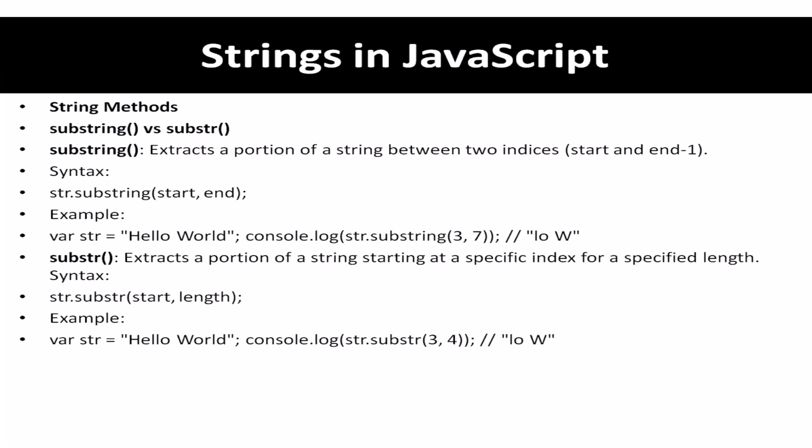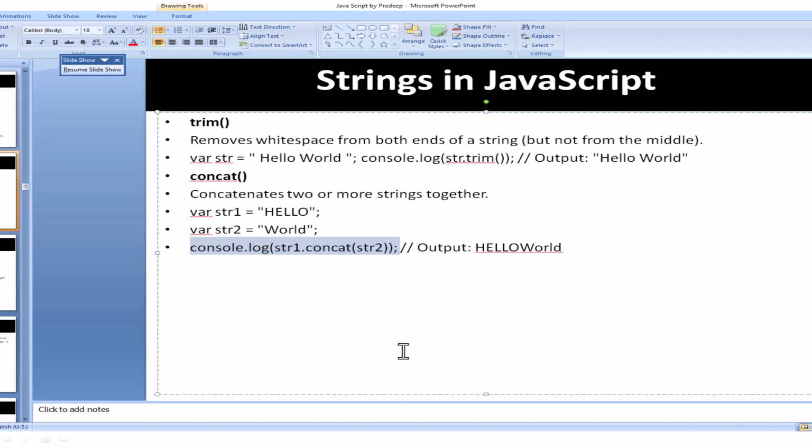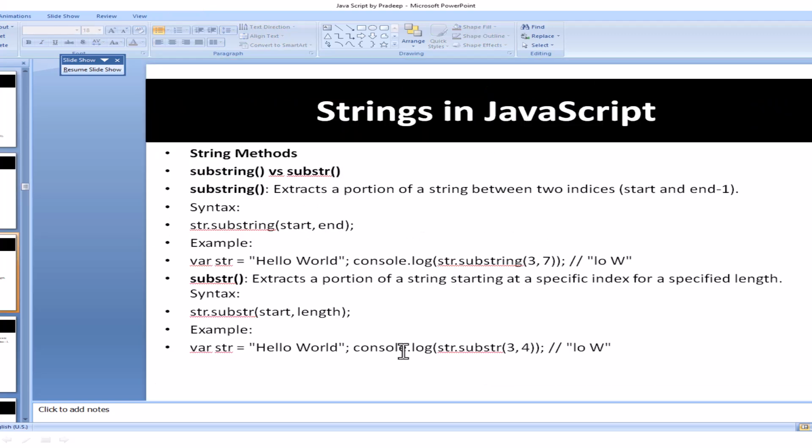Next, string versus substring. You are able to extract the data as a substring from 3 comma 4, from the specified index. So if you want to get the particular string, you can specify the index: console.log substring from the particular str.